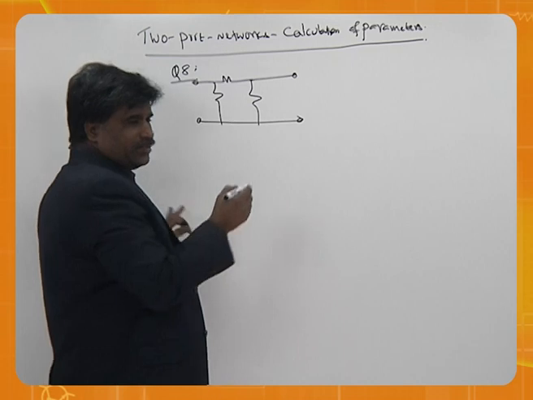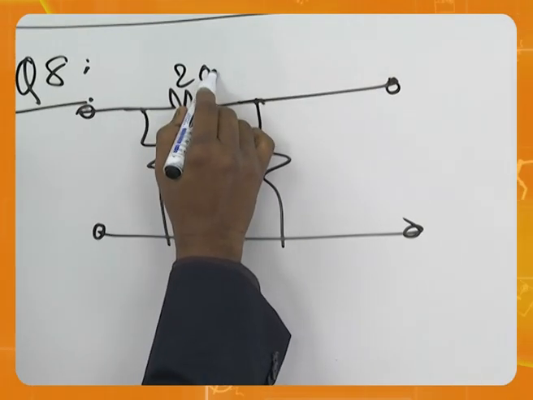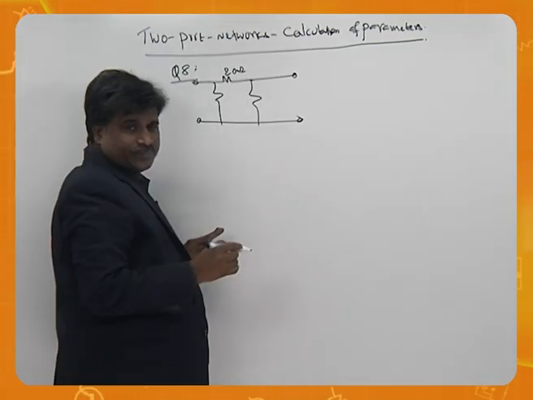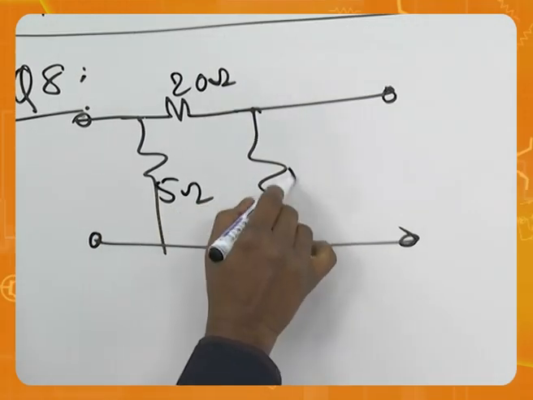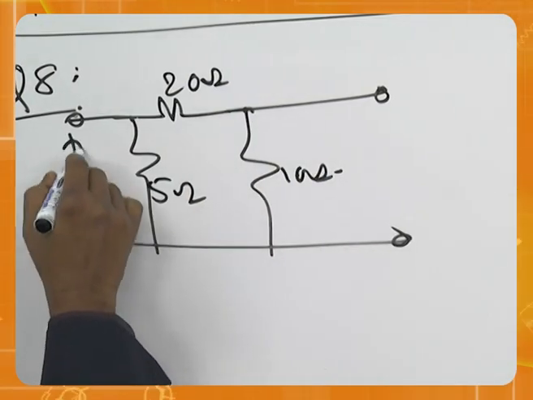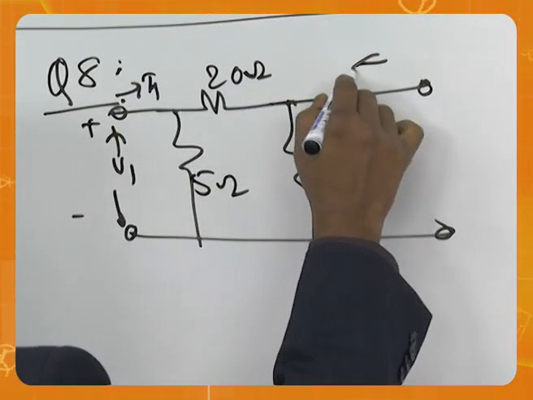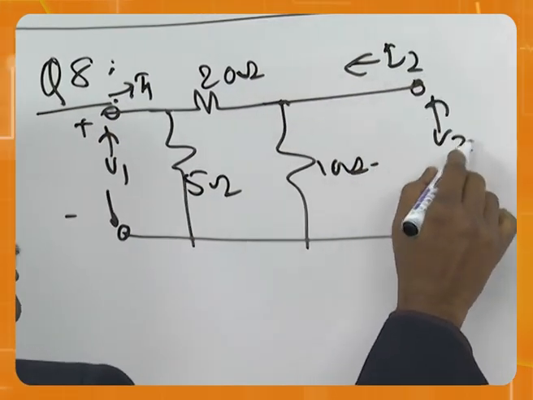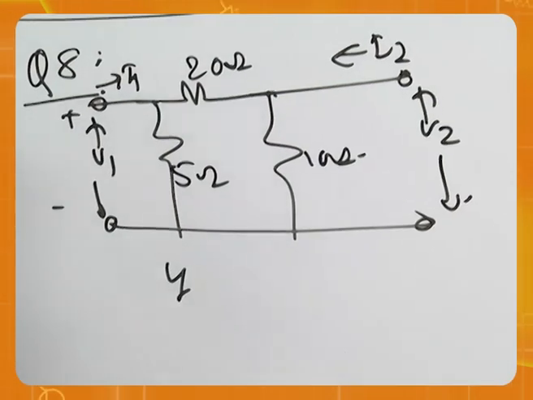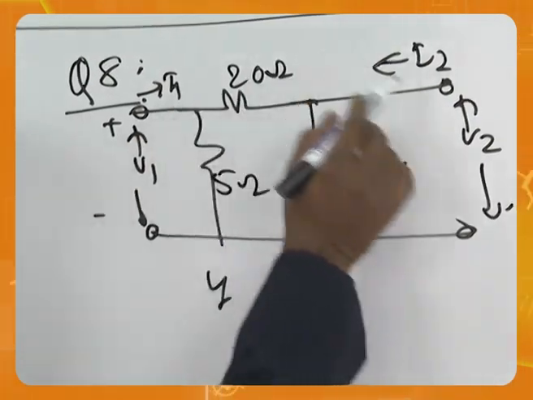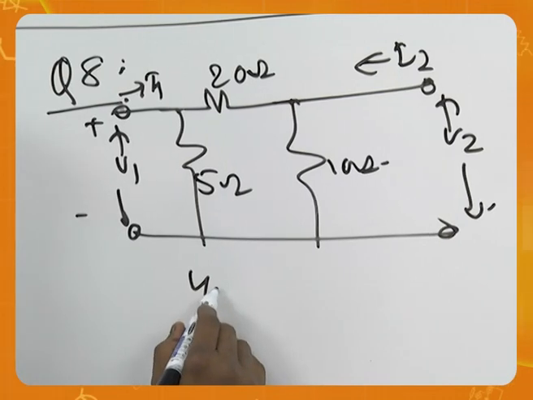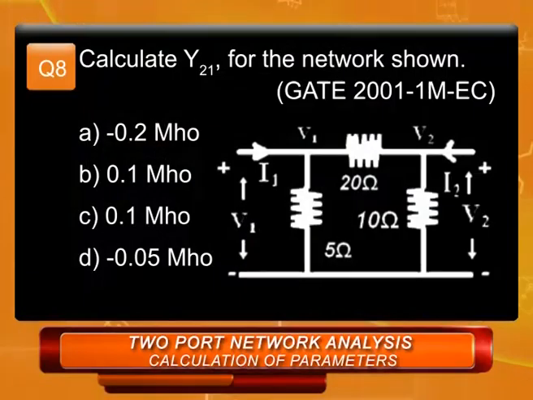This is the question he gave: 20 ohms, 5 ohms, 10 ohms. As usual, V1, I1, I2, V2. This is the circuit given, and he is asking for Y21. The options are given there.